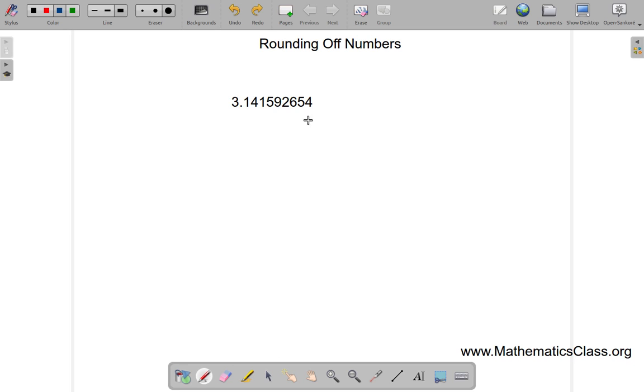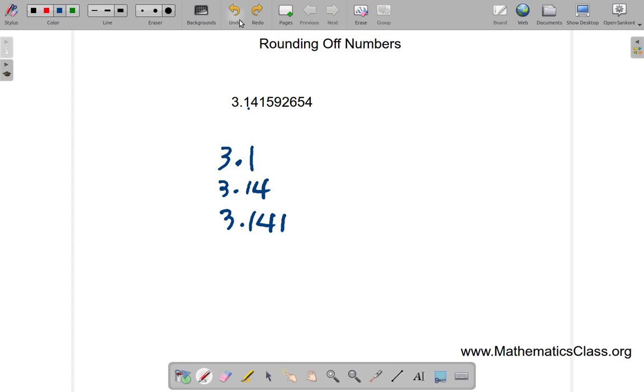If you are going to write pi and you're going to stop at this point, you would say 3.1. If you're going to stop at 4, you would say 3.14. If you're going to stop at 1, you would say 3.141.